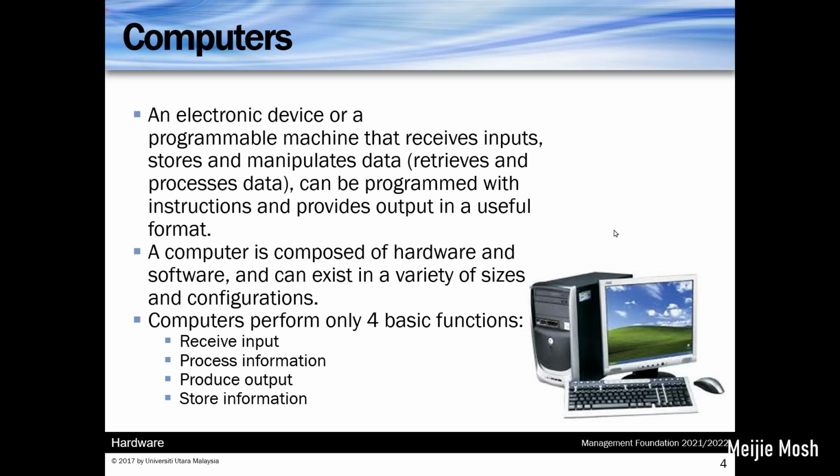Produce output, for example, the presentation of information to the user, for example, on a screen display. And the last function is to store information, for example, the storing or preservation of information for later use, like files stored on a hard drive.